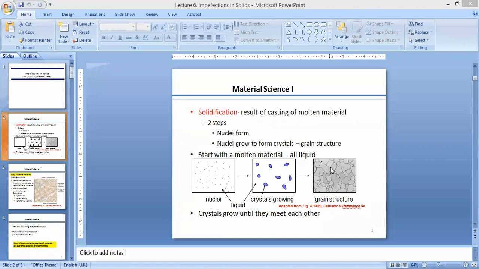So the borders there are what we call the grain boundaries. This was initially a very hot liquid. I'm sure if you don't work in industry, even just on TV, you've seen people pouring metals just after they've been extracted, pouring them at that level.